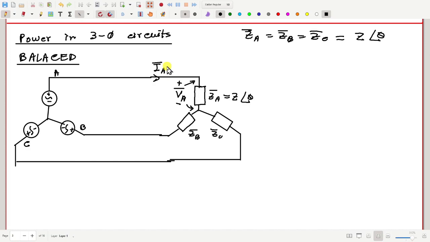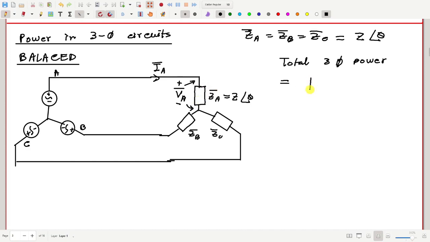How much power is going from the source side to the load side? Anyone? VA. Yes, right. So the total three-phase power is how much? How much power is consumed by this ZA alone?